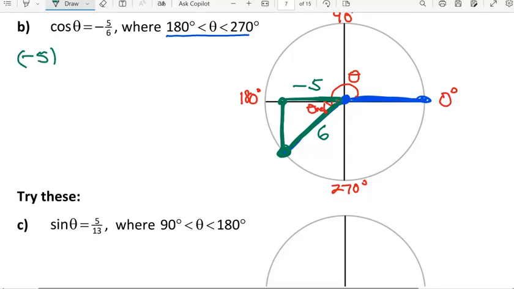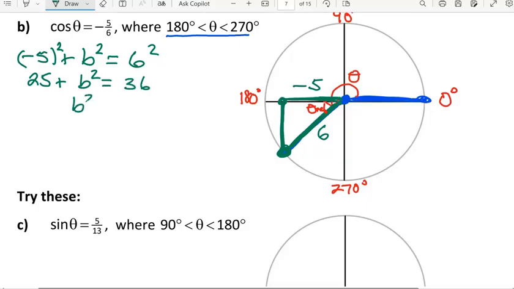Negative 5 squared plus b squared is equal to 6 squared. Negative 5 squared is 25, and 6 squared is 36. That gives us b squared is 11, and b, if you remember from quadratic equations, has two solutions, so if we take the square root on both sides and include the positive or the negative solution, b is either equal to the positive square root of 11 or the negative square root of 11.